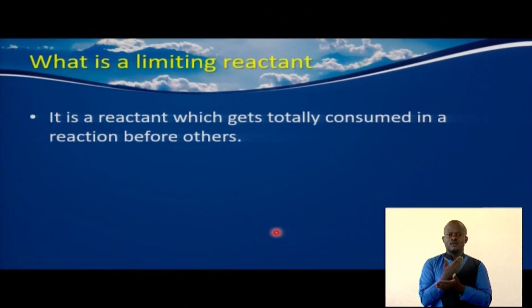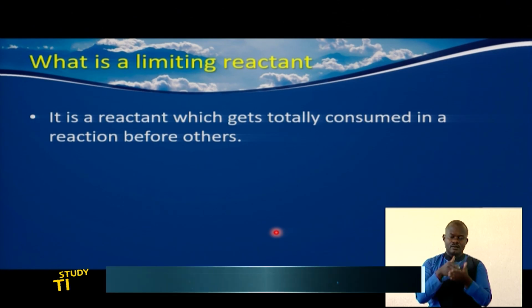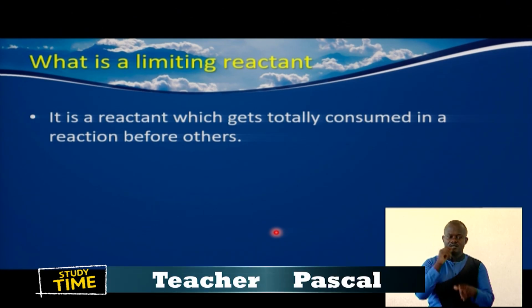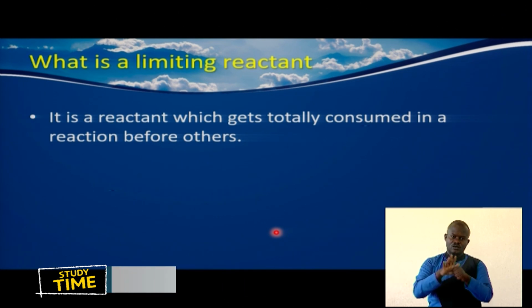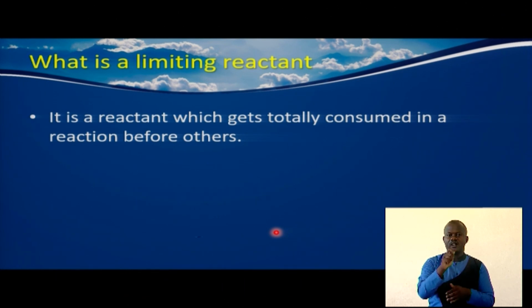What is a limiting reactant? A limiting reactant is a substance which is totally consumed in a reaction before the others. And why do we call it the limiting reactant? It's because when it gets used up completely, the reaction stops immediately.